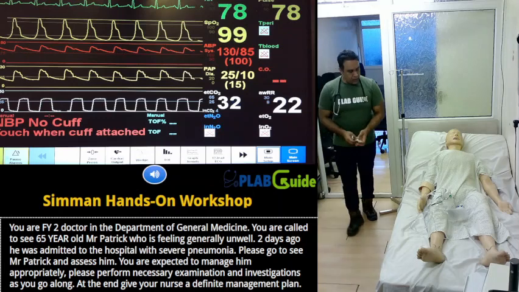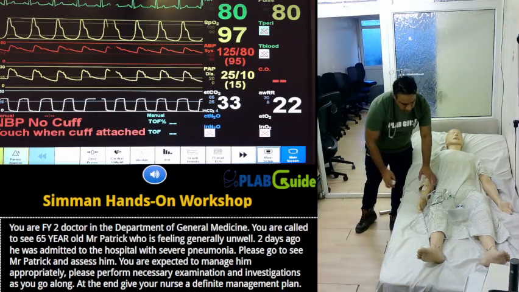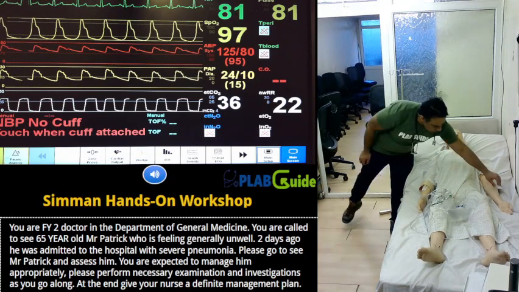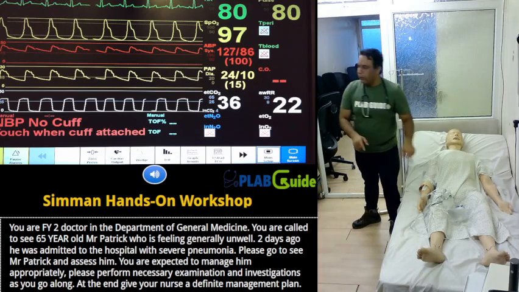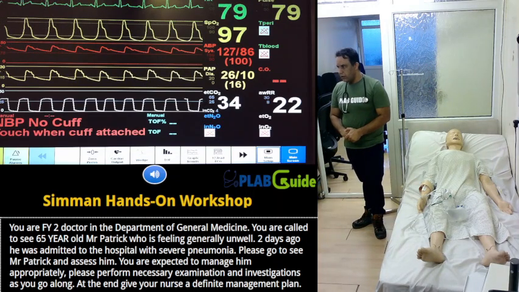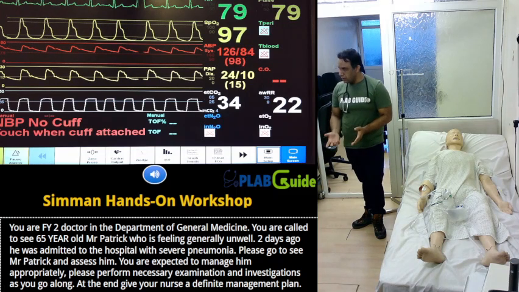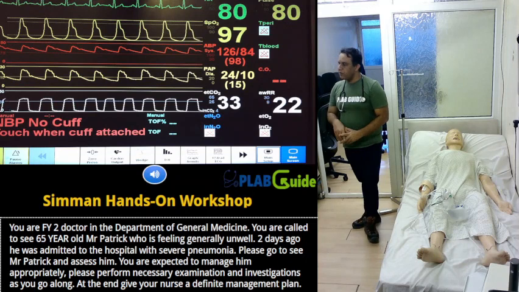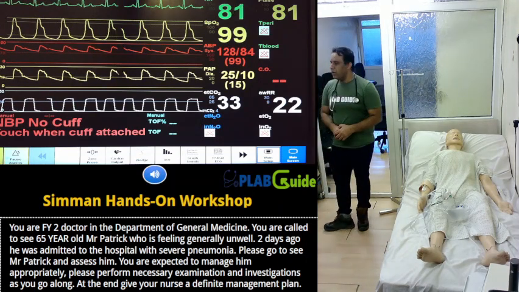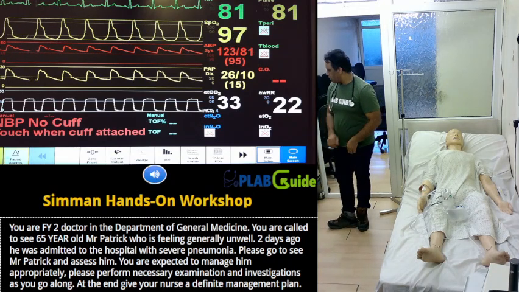There will be a strap like this. You can slide it underneath, or simply put it by the side of the patient. If you put it on both sides, that means you put two cannulas. If you put it on one side, it will be one cannula and considered done. But if you simply say you would like to put the IV cannula and don't do it, it means you have not done it.